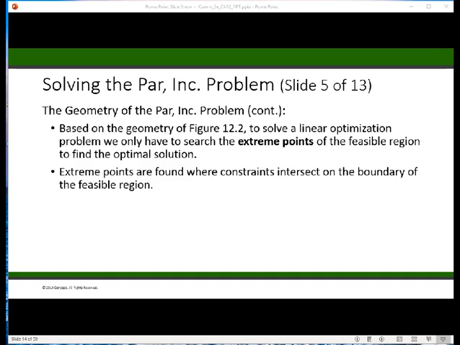Excel Solver is the tool we'll use, and that utilizes Dantzig's simplex algorithm for linear equations. Obviously, if we have nonlinear, then we'll use a different algorithm for that.